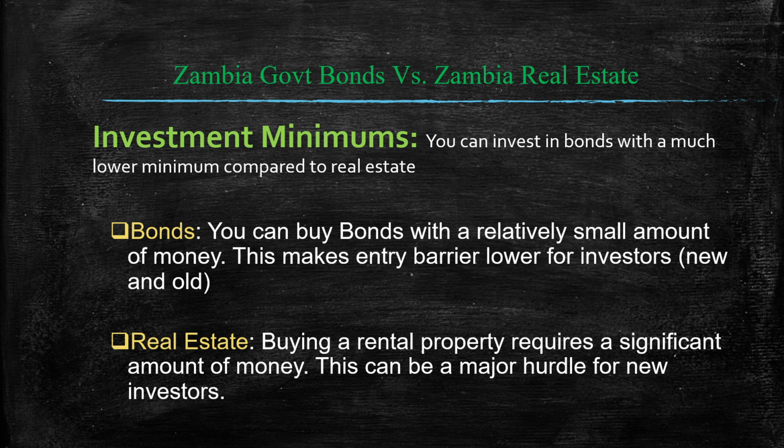So that's the difference really between Zambia government bonds and real estate investments from the perspective of investment minimums. There are so many other comparison points, but that's not the subject for this video. We'll be able to get those in the next series of videos that I want to do concerning these differences.